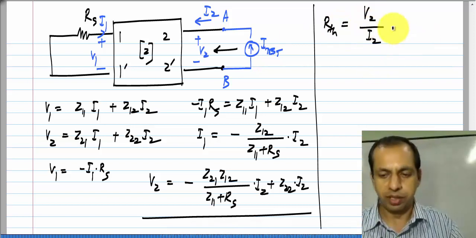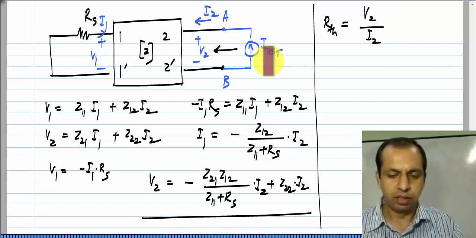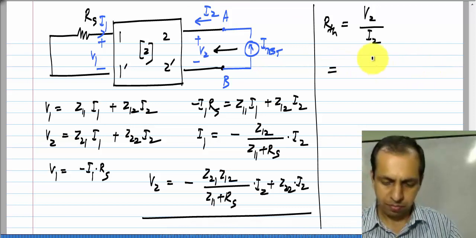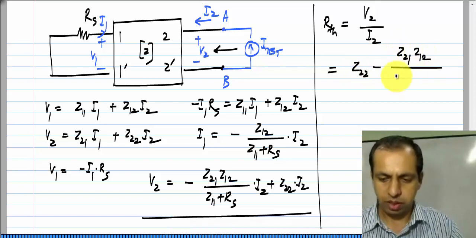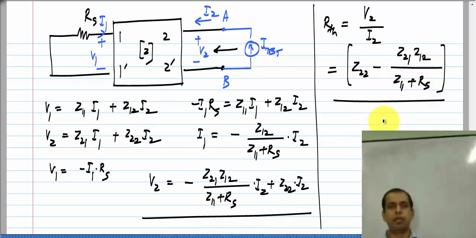I2 is the same as Itest, and V2 is the voltage developed wherever you apply Itest. This will come out to be Z22 minus Z21 Z12 divided by Z11 plus Rs. Okay. So, that is what we are going to have.